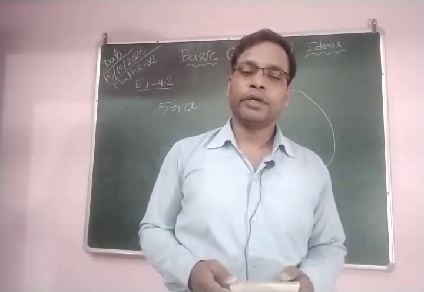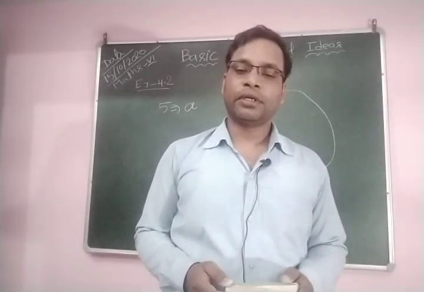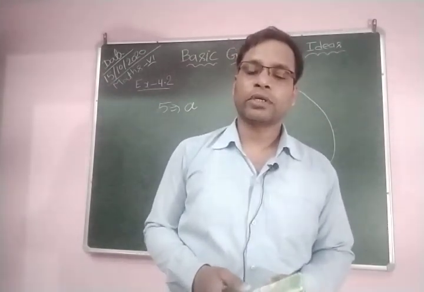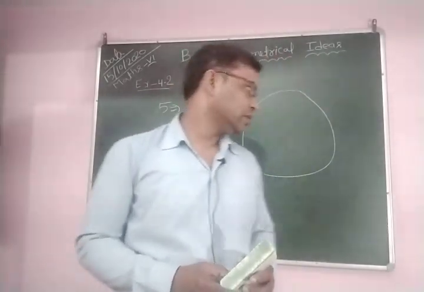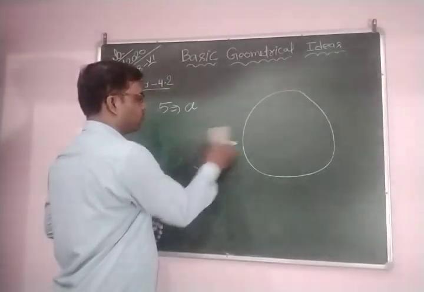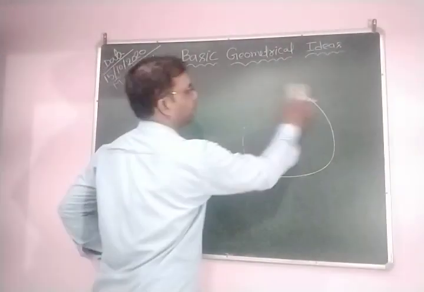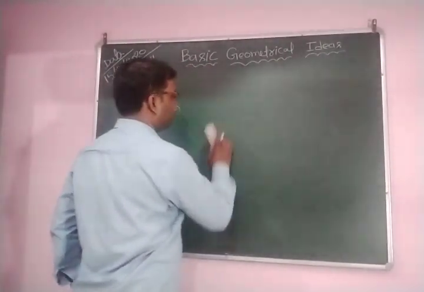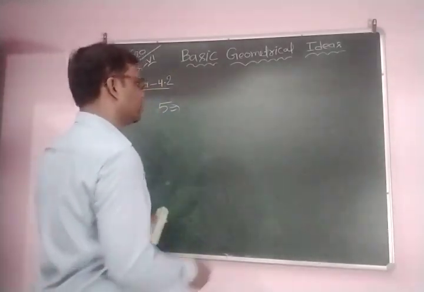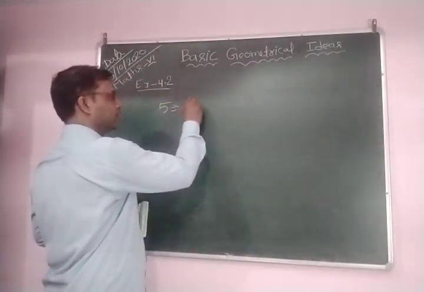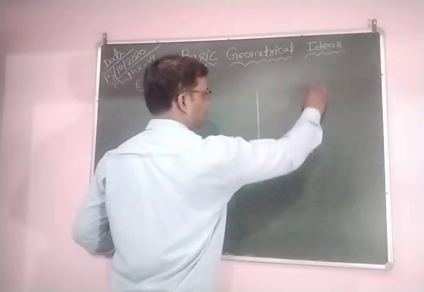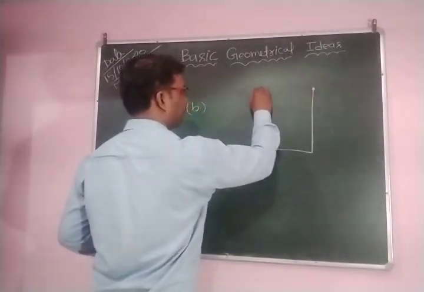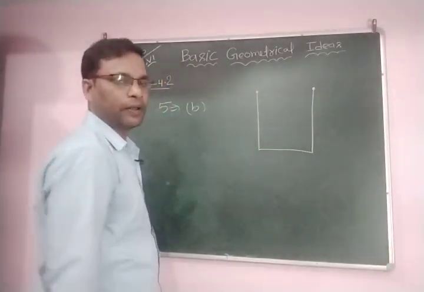An open curve made up entirely of line segments. Okay, this is very easy. To draw an open curve made by line segments, you can write a letter W or letter U. This is the B part, like this. This is an open curve made by line segments.